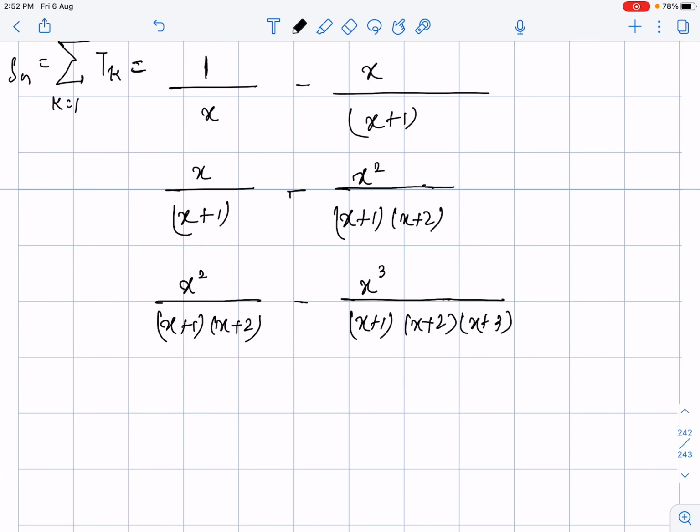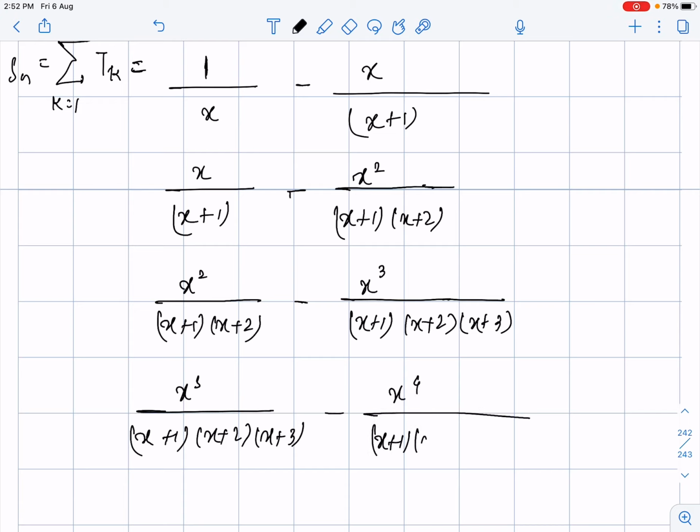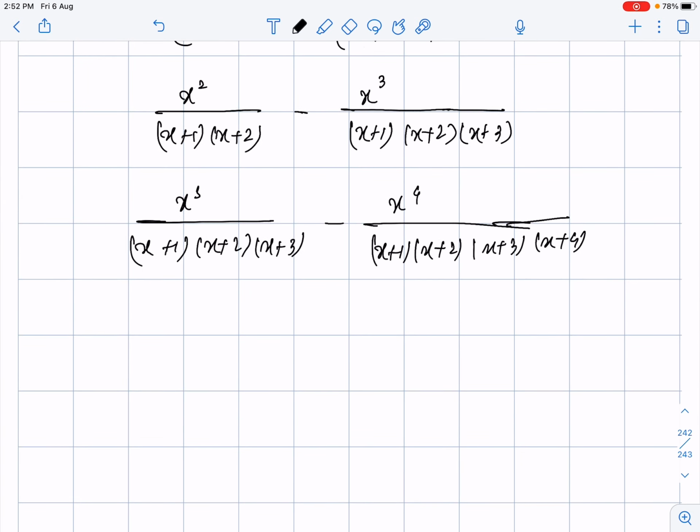And similarly, when 4 is substituted over here, this becomes x cube divided by x plus 1 multiplied by x plus 2 multiplied by x plus 3, minus x to the power 4 divided by x plus 1 multiplied by x plus 2 multiplied by x plus 3 multiplied by x plus 4. Now so on and so forth, we write the nth term.